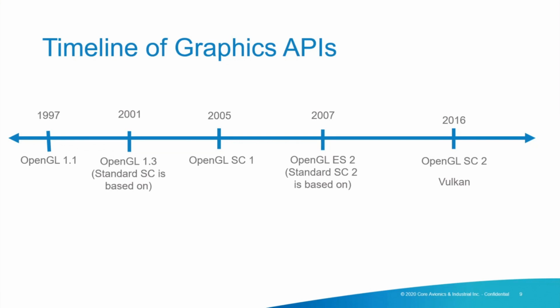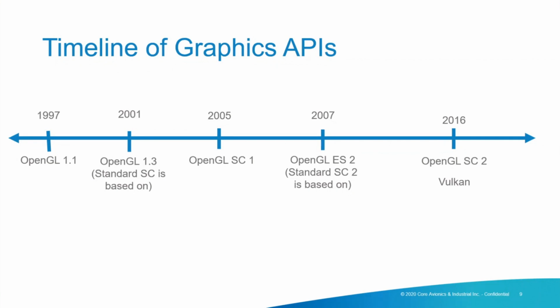So OpenGL SC is making assumptions about how the GPU works based on a standard released in 2001, which means it's not entirely reflective of how GPUs do things anymore. So when you execute a command in OpenGL SC1, there's a high likelihood that that command needs to be emulated at least somewhat in software to reflect the changes that have happened in GPU hardware over the last decade.